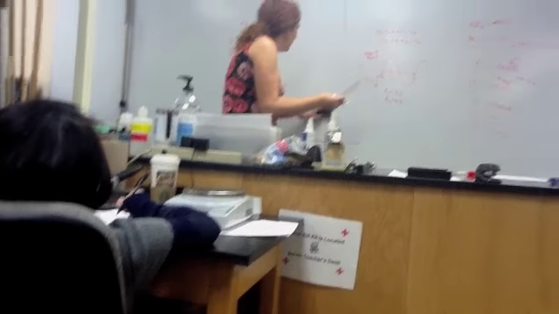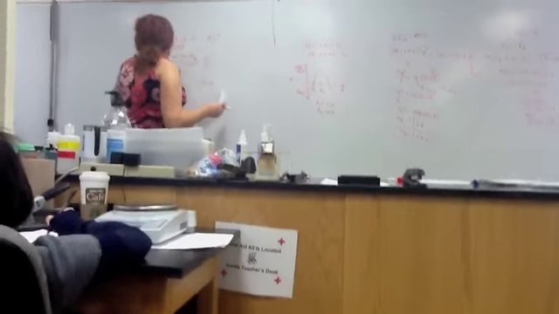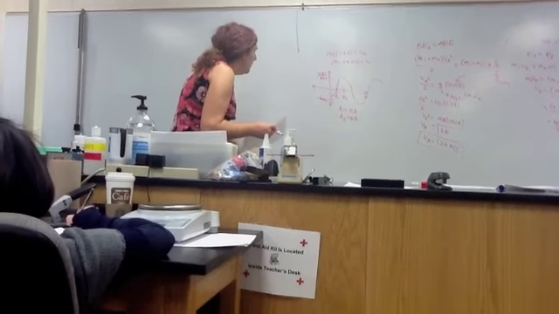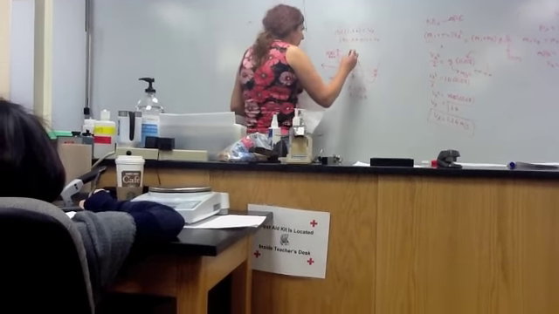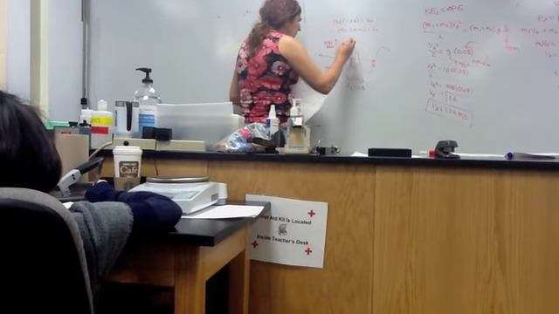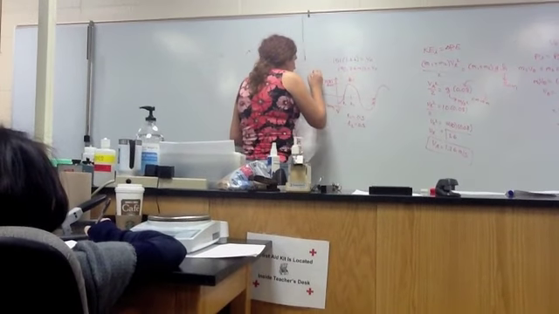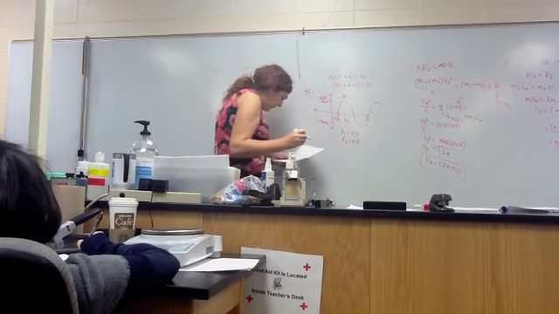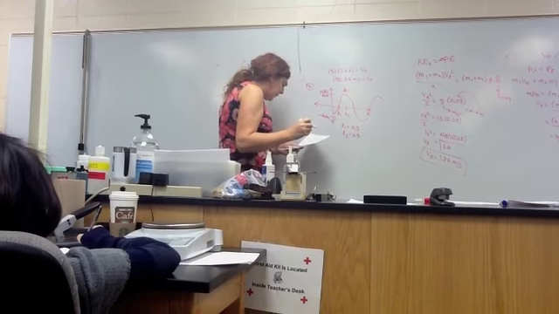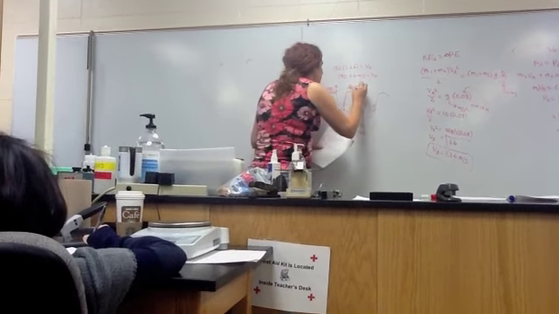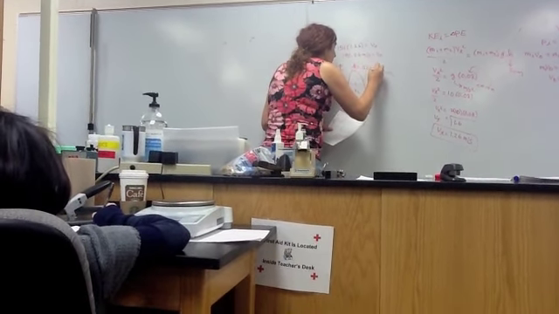Okay, so I give you a value for the spring constant, and I ask you to find several things. I give you a K value, and this is number 5 on section 3. I give you a K value of 50 newtons per meter.